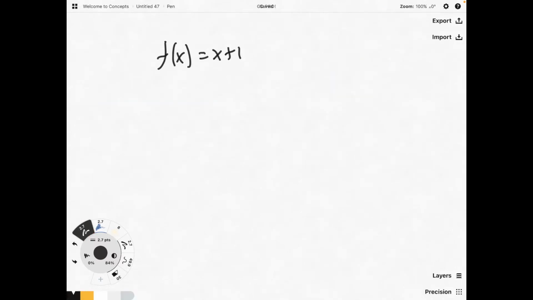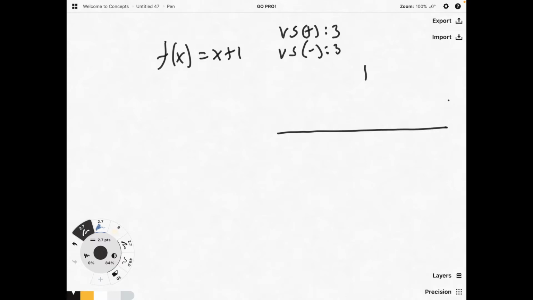Okay, let's look at another example. In our next problem, we have the function f of x equals x plus 1, and the question asks us to do a vertical shift in the positive direction by 3, and a vertical shift in the negative direction by 3. Looking at our original function, if we graph this out, we have a straight line.